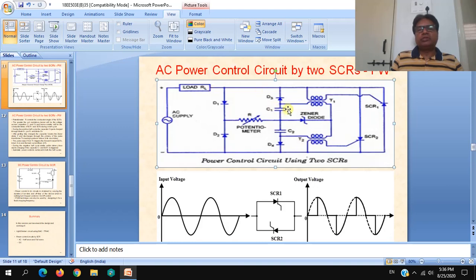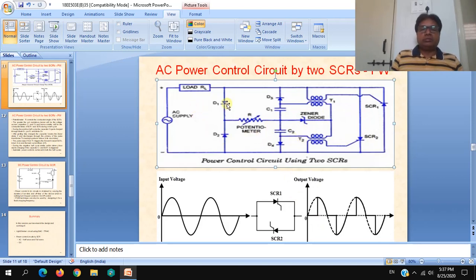So C1 gets charged to the required voltage sufficient to break down the Zener diode in reverse, and that time will be just the same as the other capacitor C2. In both the half cycles, just by adjusting the potentiometer you can maintain the same firing angle in both the half cycles.